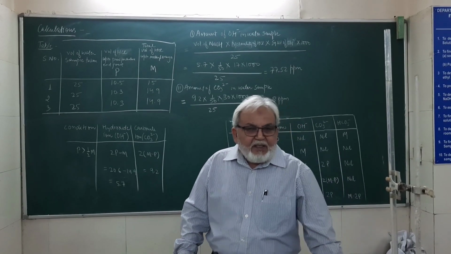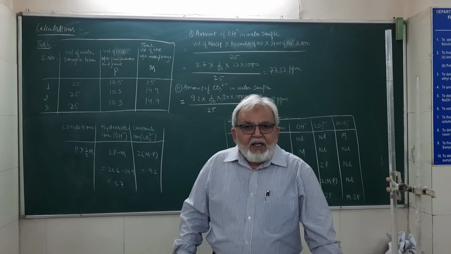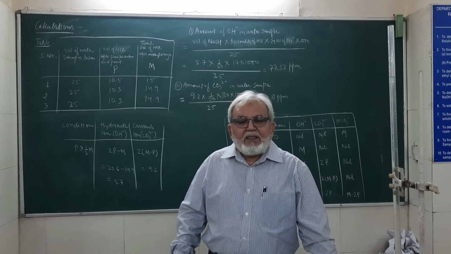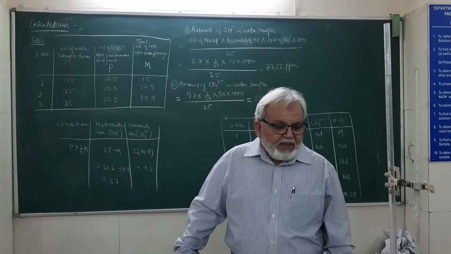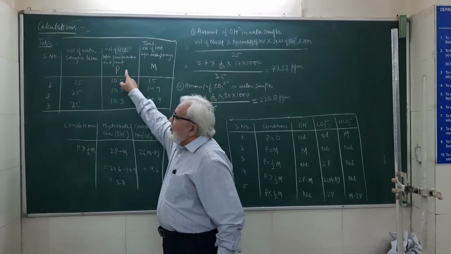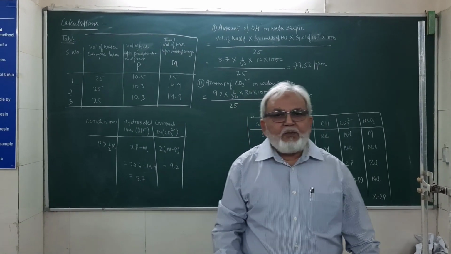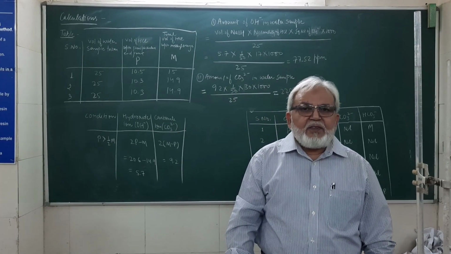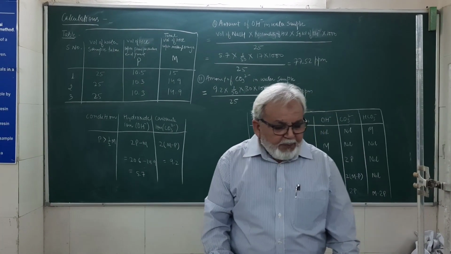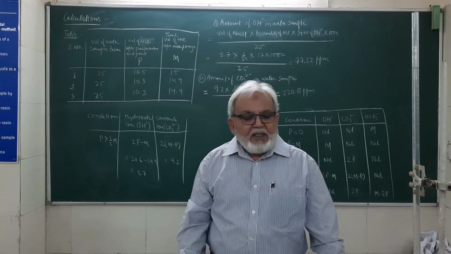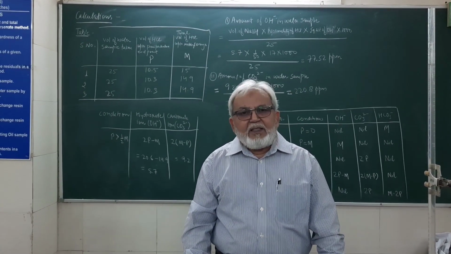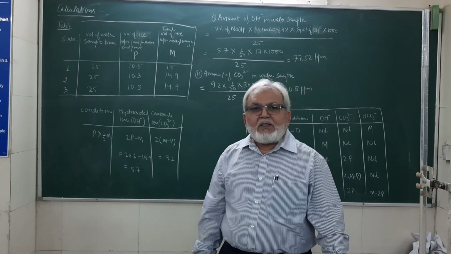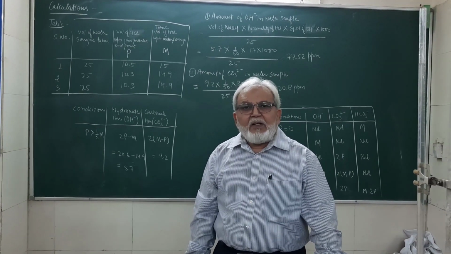In the first stage, phenolphthalein was the indicator, and the volume of acid consumed up to the phenolphthalein endpoint, that is the disappearance of pink color, is considered as P. And then after the phenolphthalein endpoint, we added a few drops of methyl orange indicator into the same water sample, and then we continued our titration till the yellow color changes to pink, that is the methyl orange endpoint.